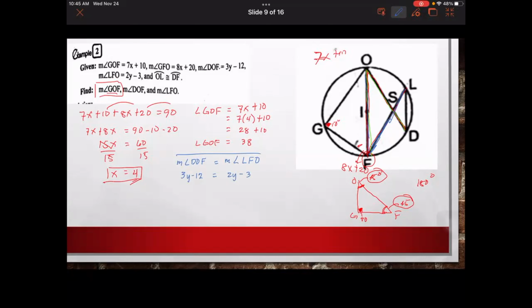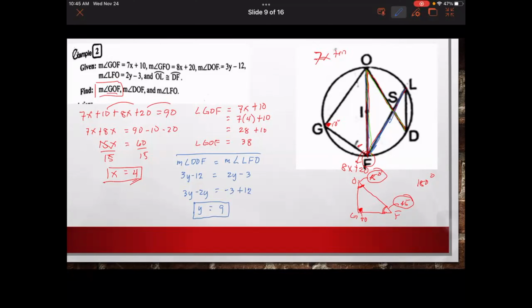Now, by transposition or yung combine like terms, ano tayo ng 3y minus 2y is equal to negative 3 plus 12. So, 3y and 2y, this is y, is equal to negative 3 plus 12. Magkakaroon tayo ng positive 9. So, yun yung pagiging value ng y natin.